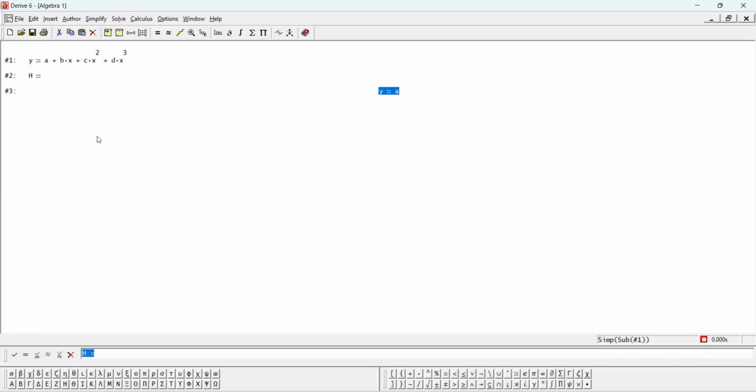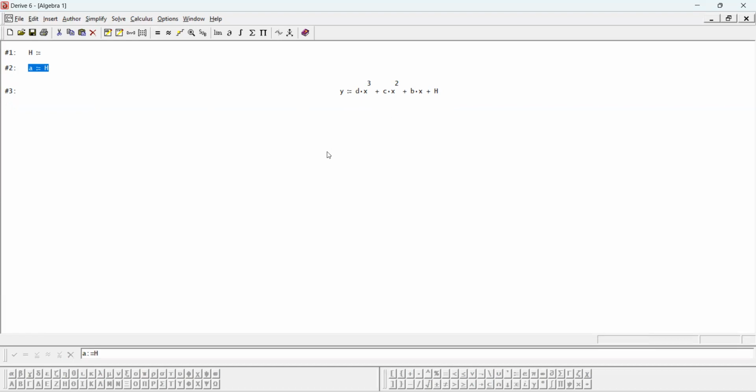This means a should be equal to h. Right here, a equal to h. Now going back, simplified. This is the format, so we get rid of the first equation and we simplify further.